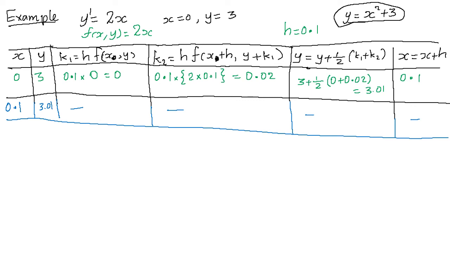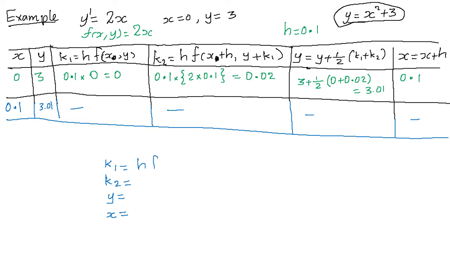What is the procedure? We just calculate k1, then we calculate k2, then we calculate the new value of y, then we calculate the new value of x. Okay, so these are the steps we have to do iteratively. So what is k1?